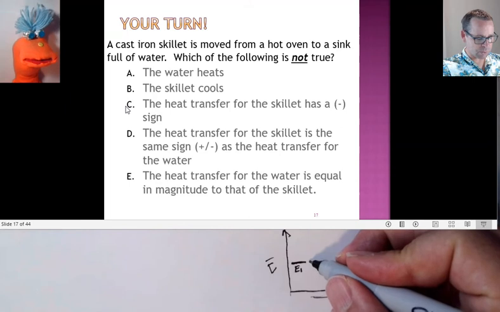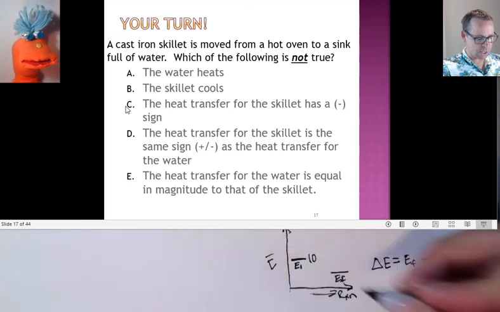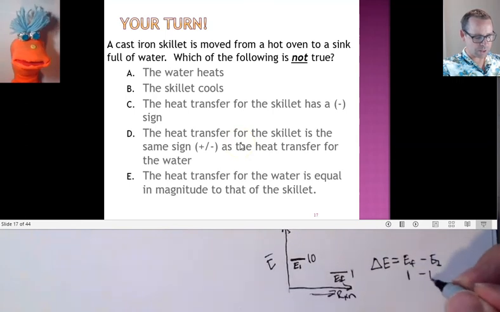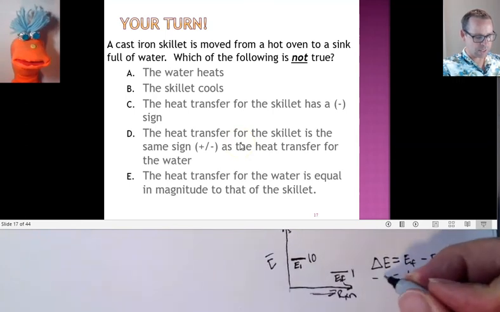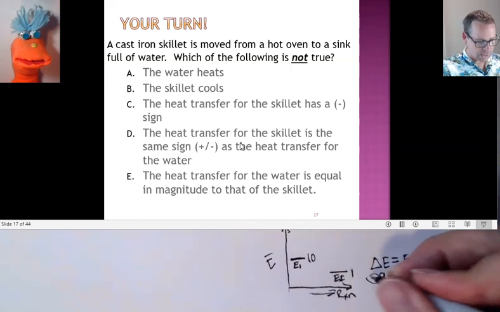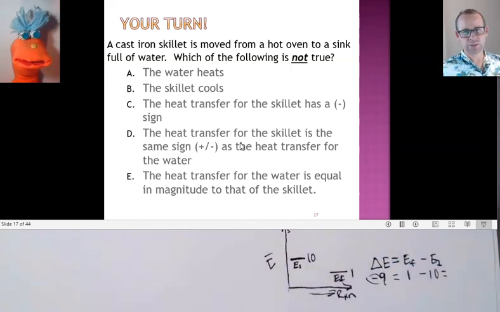So we could throw some numbers on just to think about it for a second. If we put 10 and 1, then our final energy, 1, minus our 10, would equal negative 9, right? And so you're going to have a negative heat transfer if your system is losing energy, or if the pan is losing energy.